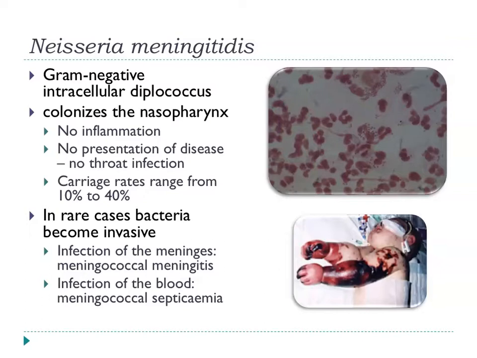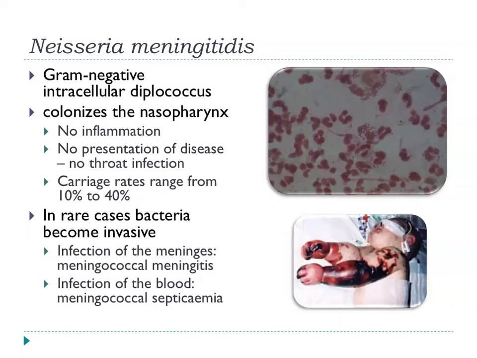And in just a couple of them, you can see all these stippled dots sitting over the top of them. Those are the meningococci actually living inside the neutrophil, and that's why we call them intracellular. If you zoomed in even further, you'd see that they are coming in pairs, so that's why we call them diplococci. And the term coccus refers to the fact that they are spherical.